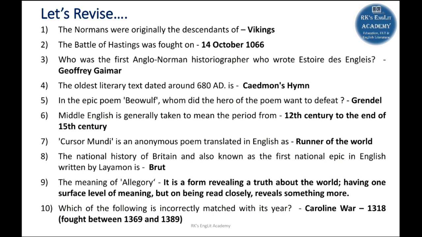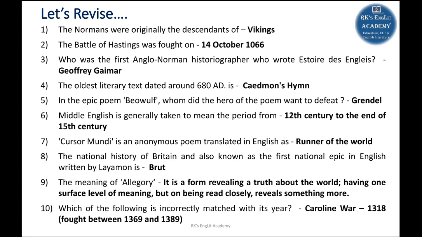It is a form revealing a truth about the world, having one surface level meaning, but on being read closely reveals something more. The 10th question, which of the following is incorrectly matched with its year? It is Caroline War, incorrectly matched with 1318. Actually, it was fought between 1369 and 1389.